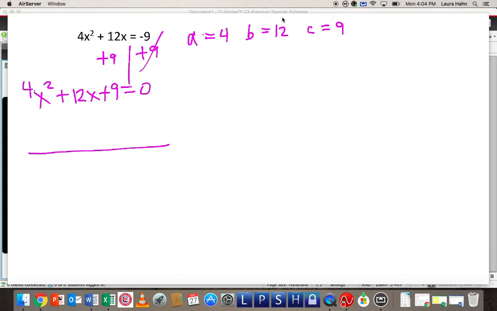So if my b is a positive 12, I want to start with a negative 12. So negative b plus or minus the square root of b squared. So I put my b in parentheses. Minus 4 times the a value times the c value. And on the bottom, I have 2 times the a value.